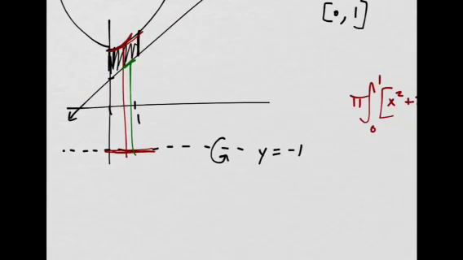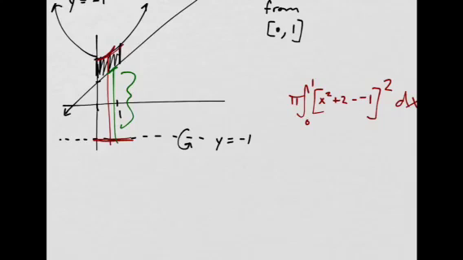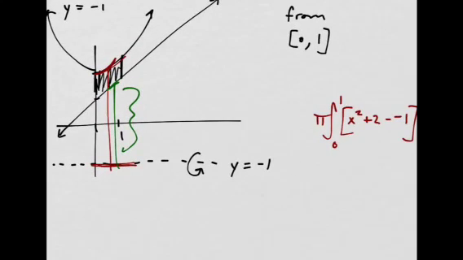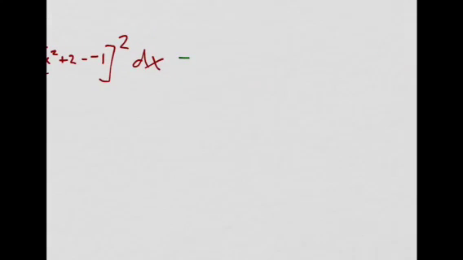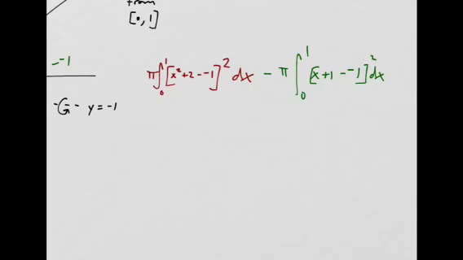That distance is x plus 1 minus negative 1. So I'm going to subtract off the integral with a pi, 0 to 1, of x plus 1 minus negative 1 dx, squared because it's my radius, pi r squared.